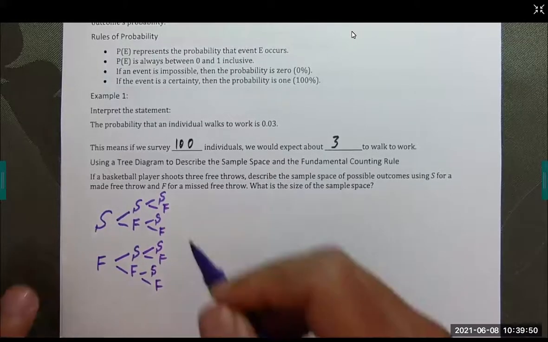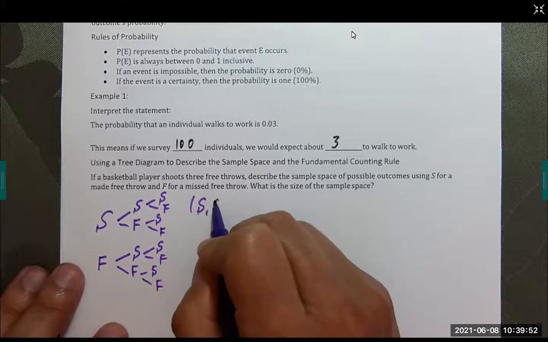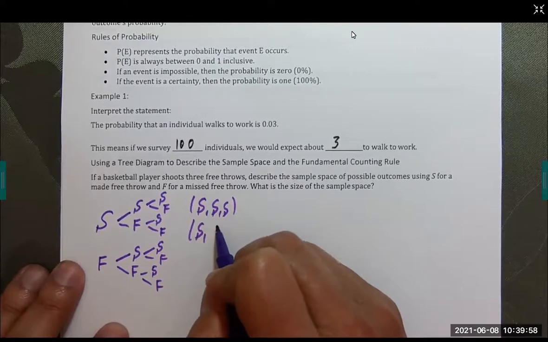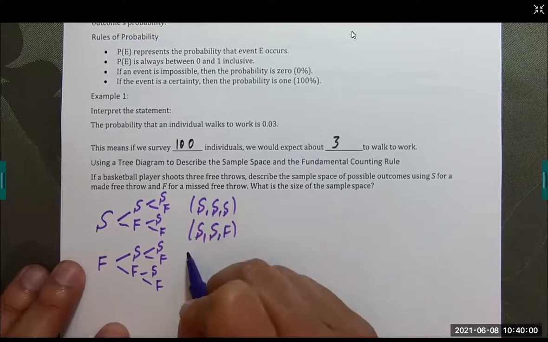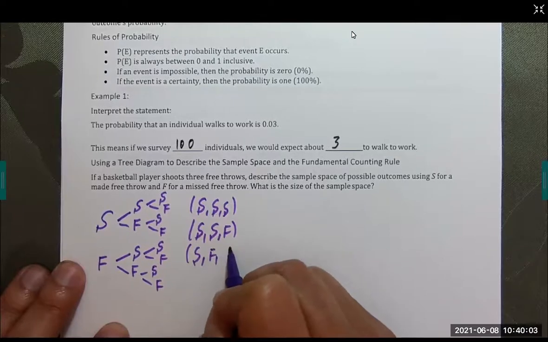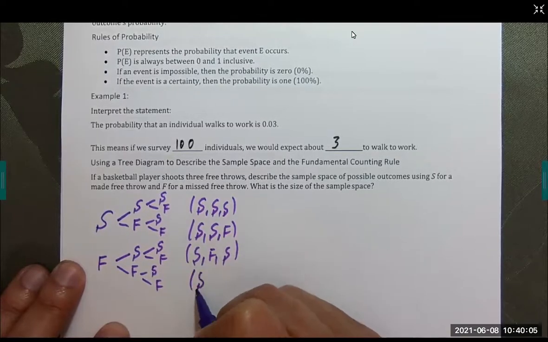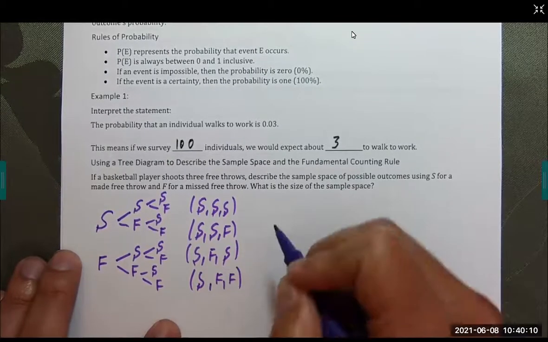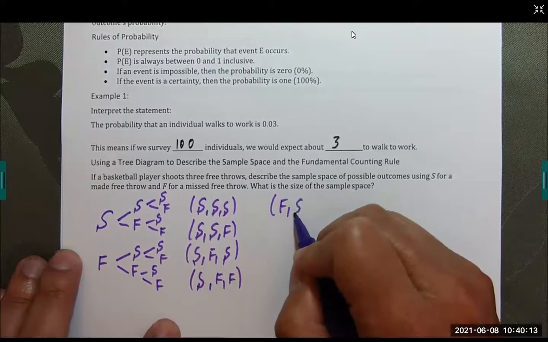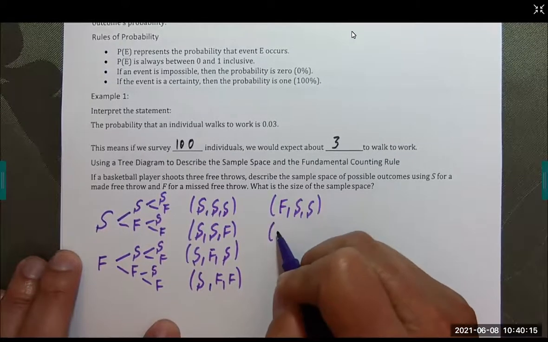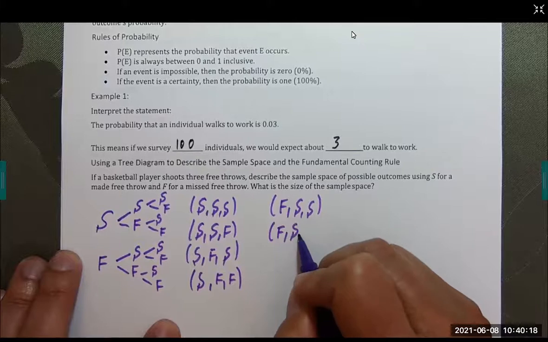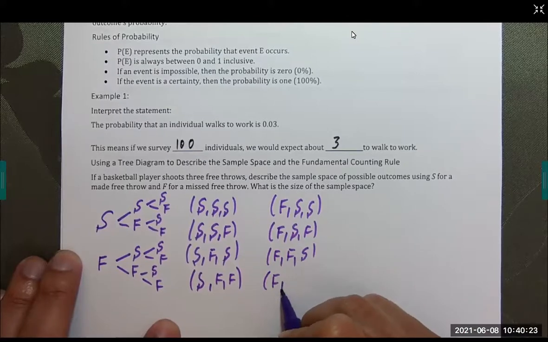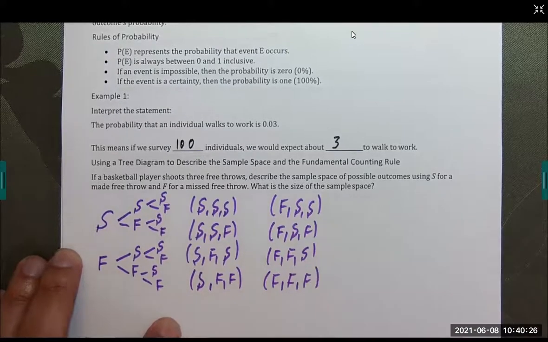And I'm going to go ahead and write these out. All successes, success, failure, success, failure, success, success, failure, failure, failure, success, failure, success, failure, failure, success, and failure, meaning could have missed all 3.